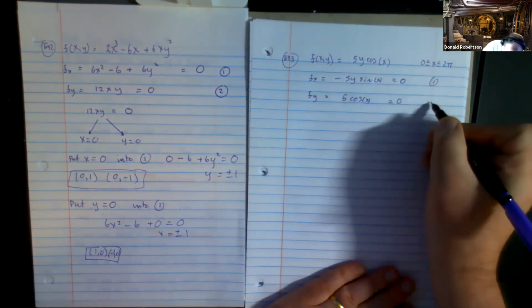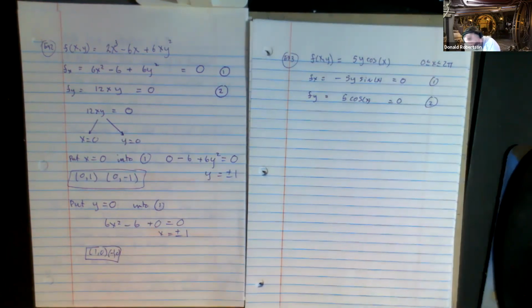And these are going to be our two guys. Right, let's go looking for critical numbers. Any suggestions for how to go about finding any of the critical numbers? Because I'm pretty sure there's a few of them.